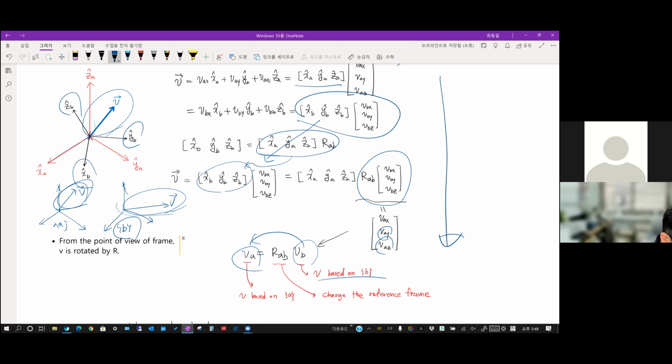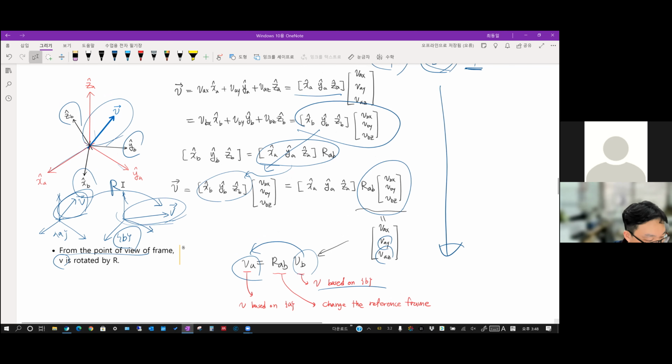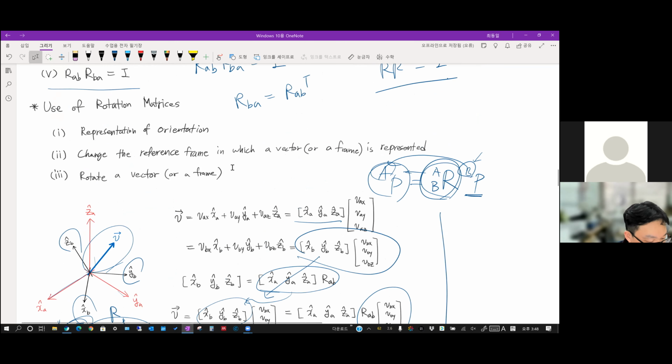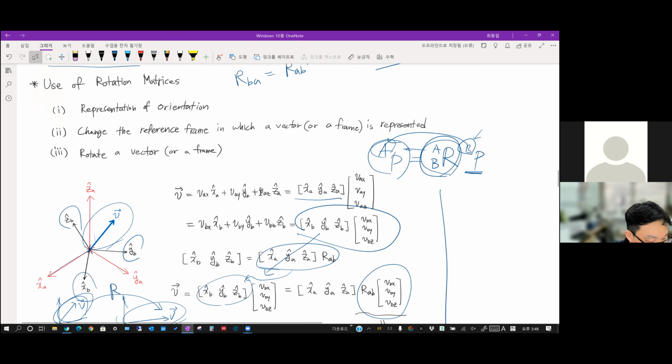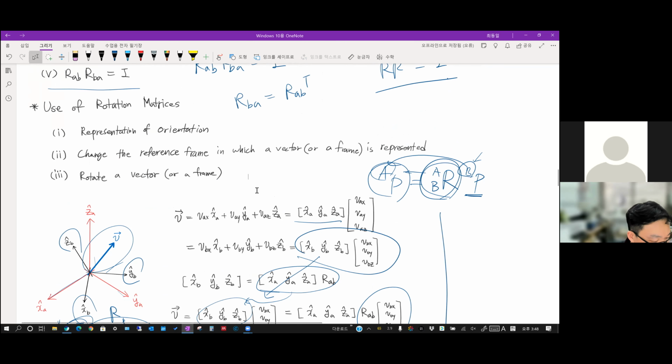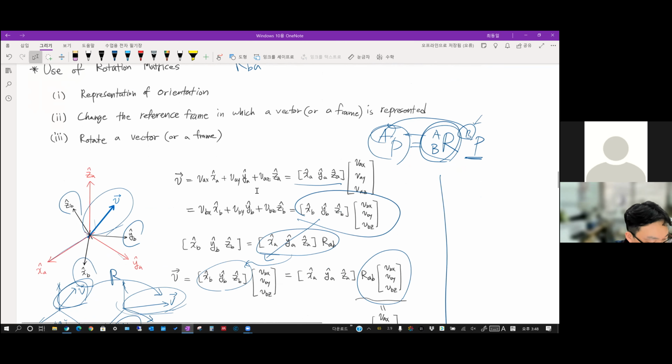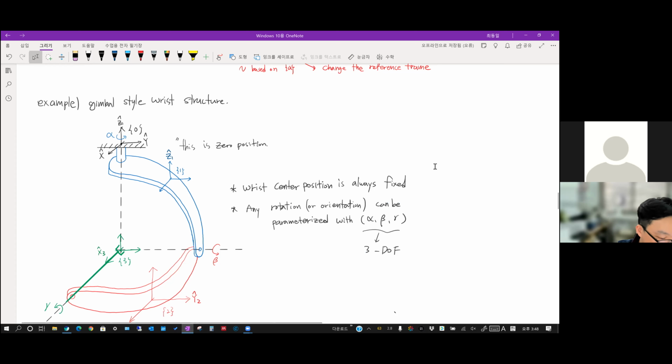So from this point of view, V is rotated by the rotation matrix. So this is the third meaning here.